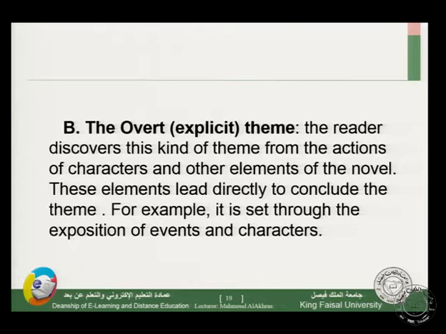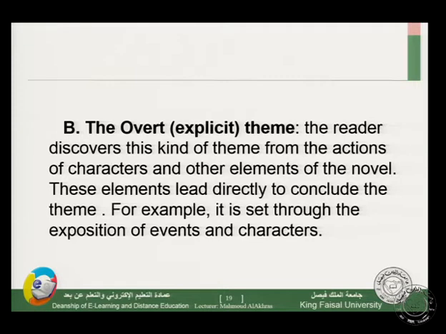The second one, the overt theme. It's not covered. This kind of theme is not covered, so the reader discovers it from the actions of characters and other elements of the novel. So it's directly stated in the novel. We don't have to spend a lot of time in order to discover this kind of theme.